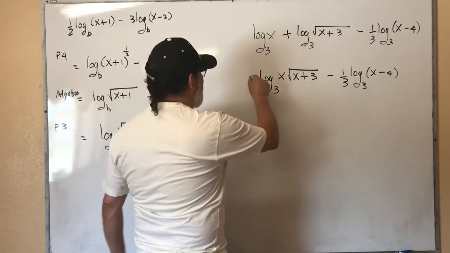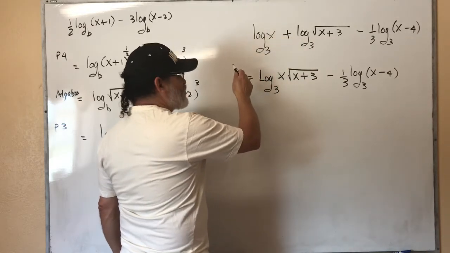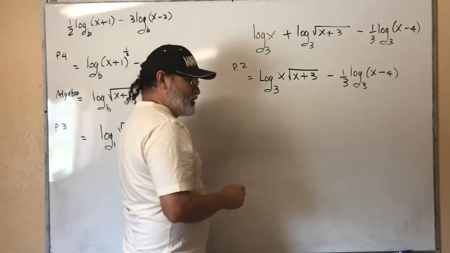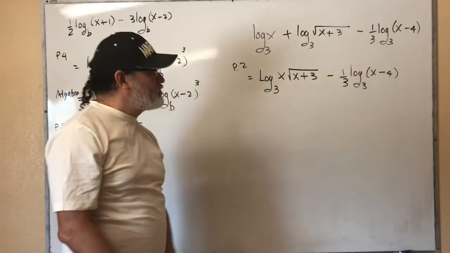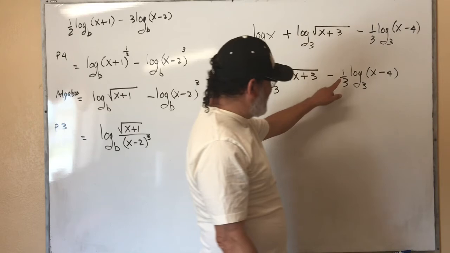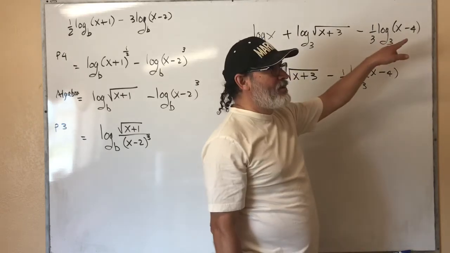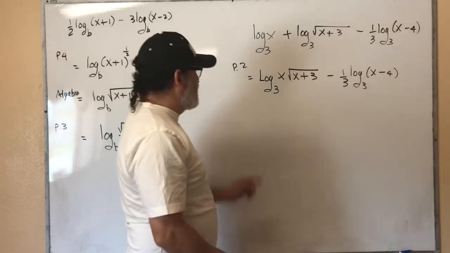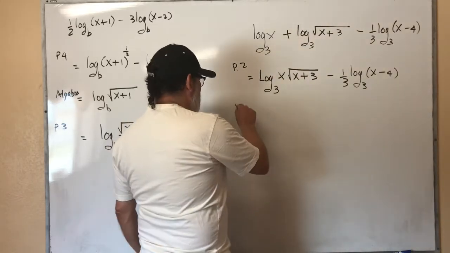This is by, I think it's rule number 2. Property number 2. Okay? This can go up. I think that was property number 4. Yeah. By property number 4.